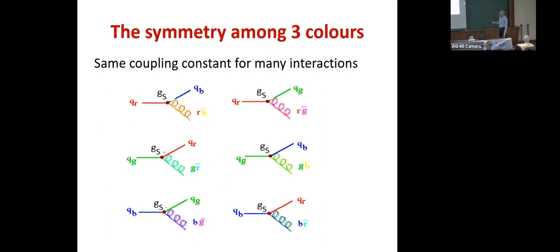So all the possible combinations here actually exist, but that's not enough. The coupling constants at all these vertices are identical. They do not depend on what color quark is coming in and what color quark is going out. That's the reason for us to postulate that there must be some kind of symmetry in strong interactions.